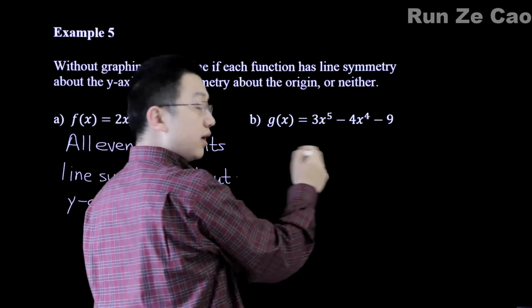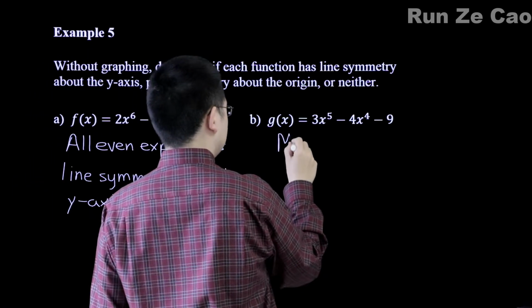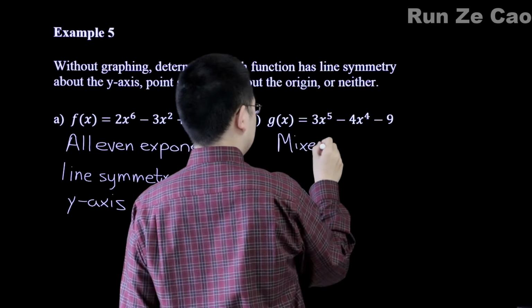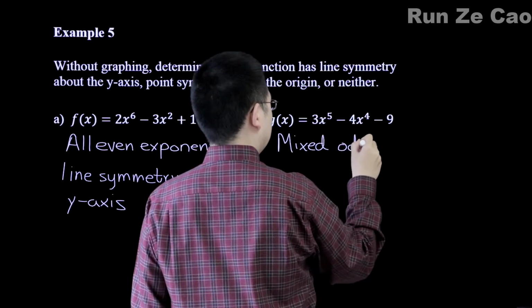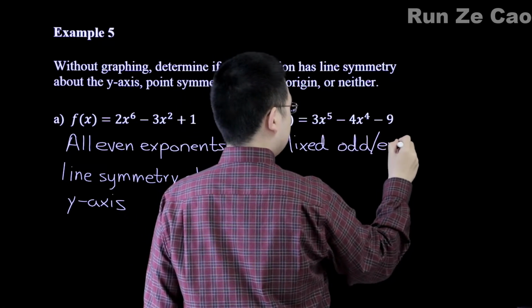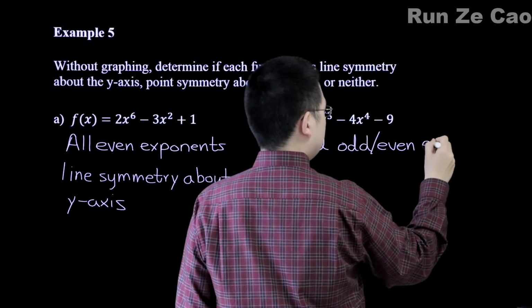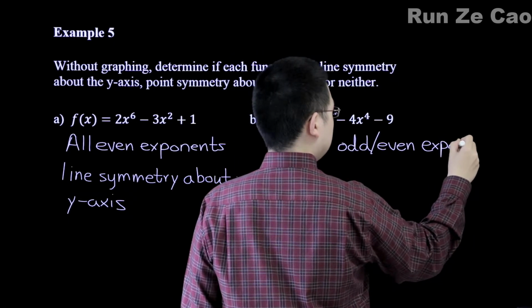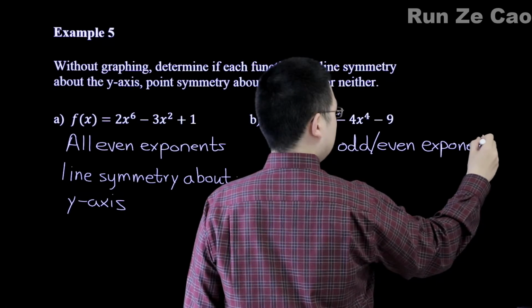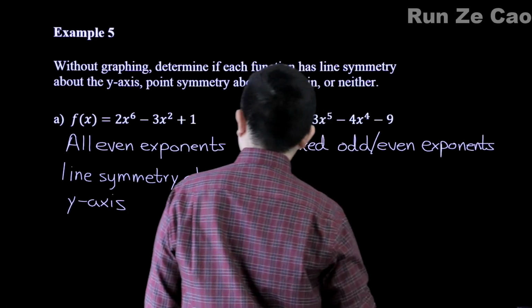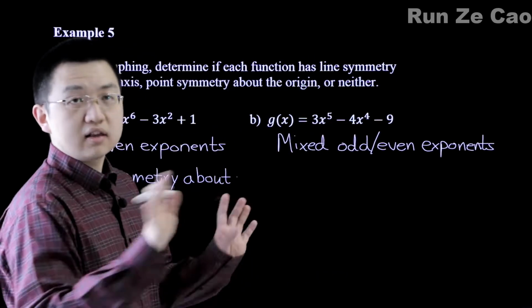Here, well, we have mixed odd and even exponents. So this, no line symmetry.